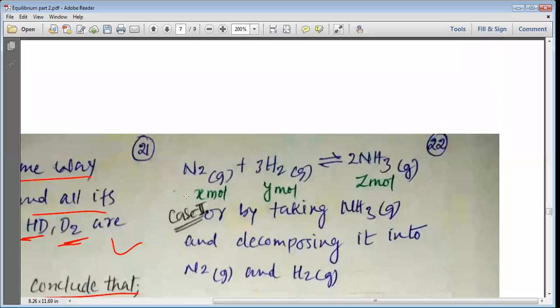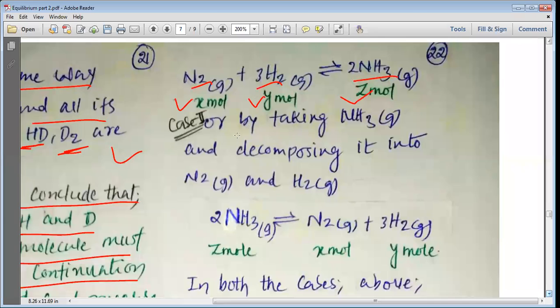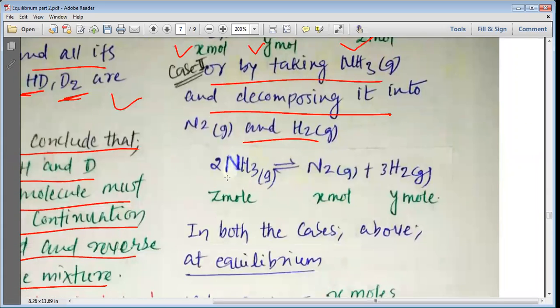Suppose at equilibrium we have X mole of N2, Y mole of H2 and Z mole of NH3. Now suppose in case 2, we take NH3 and decompose it to form N2 and 3H2. So we have the reaction 2NH3 gives N2 plus 3H2, and at equilibrium we will have Z mole of NH3, X mole of N2 and Y mole of H2.